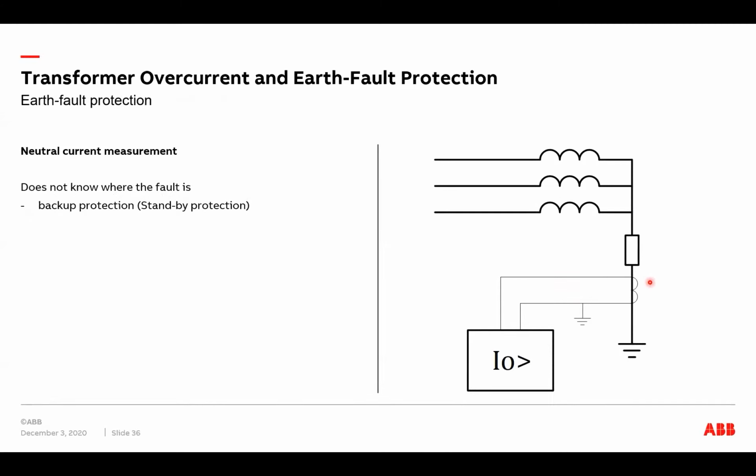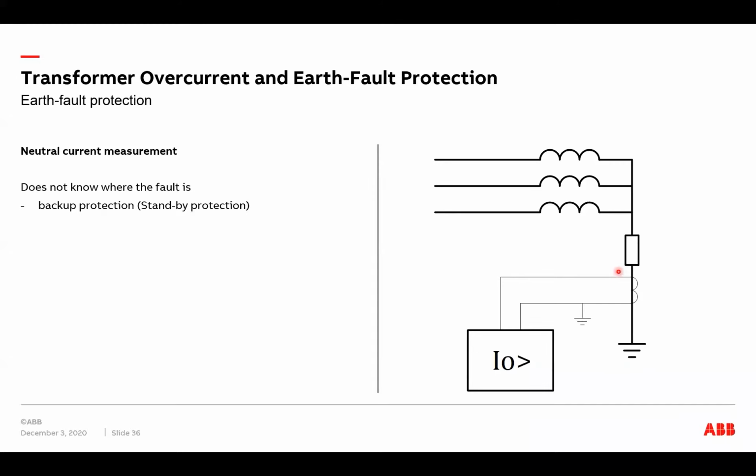Then when it comes to earth fault protection, if we have a star connected winding, we can measure the earth fault current, and for this we can use non-directional earth fault protection.